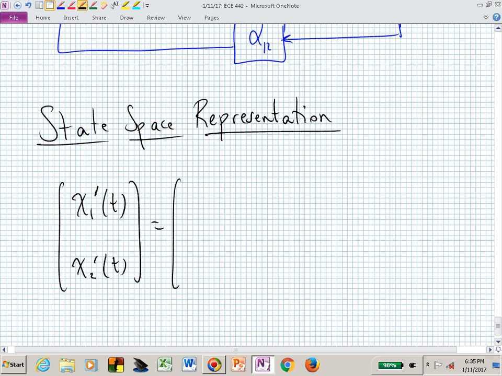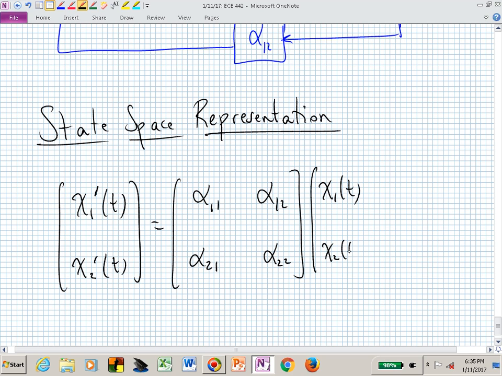I have two state variables. I'll stack those on top of each other. I have an x sub 1 and an x sub 2. Here's my alpha 1-1. Here's my alpha 1-2, my alpha 2-1, and my alpha sub 2-2, times the state. Then I have something U. What's the input matrix look like? Did U influence x sub 2 prime? Was there any U term in x sub 2 prime?